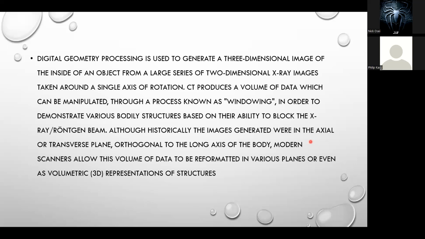The CT produces a large volume of data which can be manipulated through a process known as windowing. So the process of manipulating data from CT is known as windowing, in order to demonstrate various bodily structures based on their ability to block the X-ray.